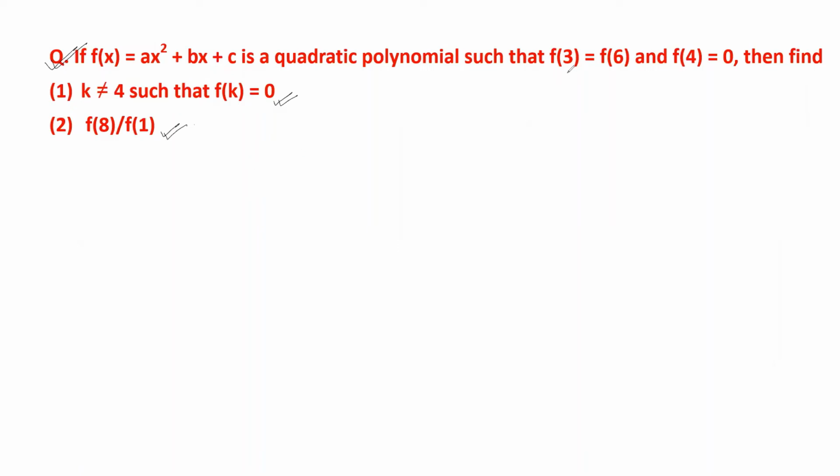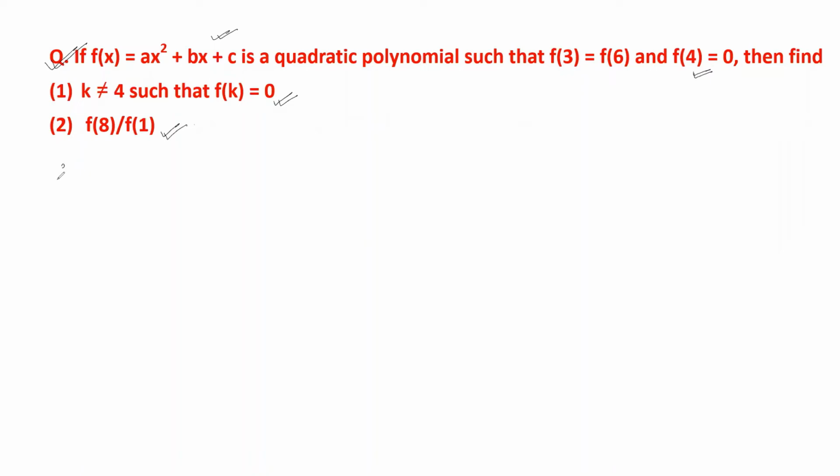Here, it has been given that f(3) is equal to f(6). That means this quadratic polynomial attains some value at x equal to 3 and at x equal to 6, and both these values are equal. And this quadratic polynomial attains a value of 0 at x equal to 4.